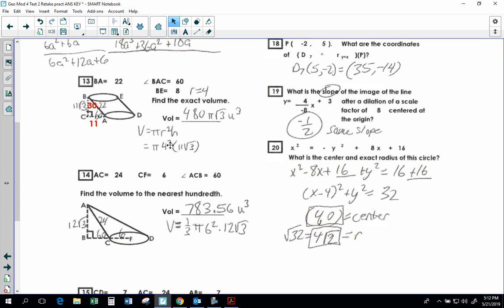And 4 squared is 16 times 11. Wait a sec here. Why do I have 480? That should not be. 16 times 11 is 176.